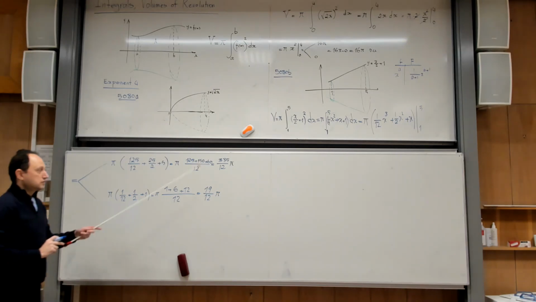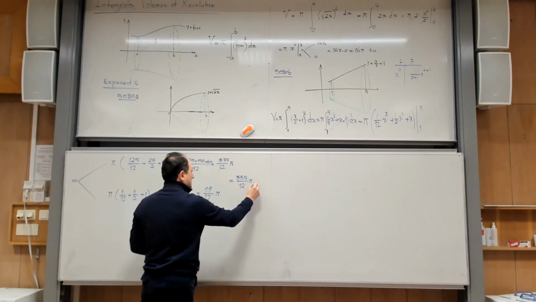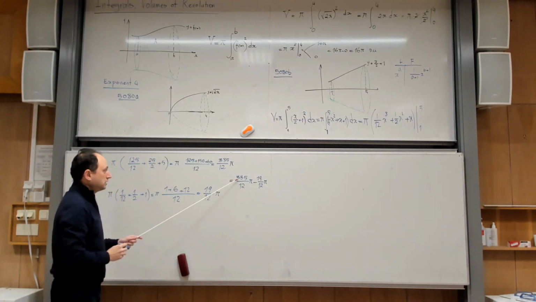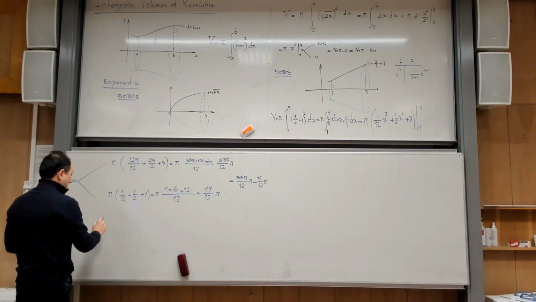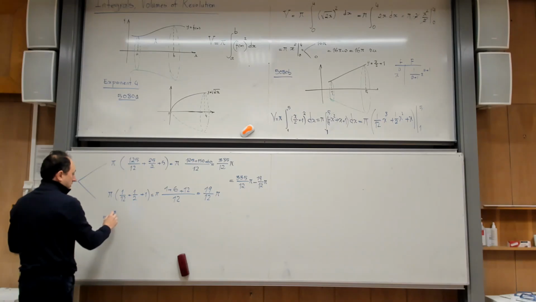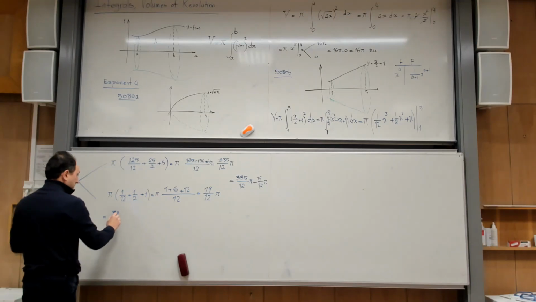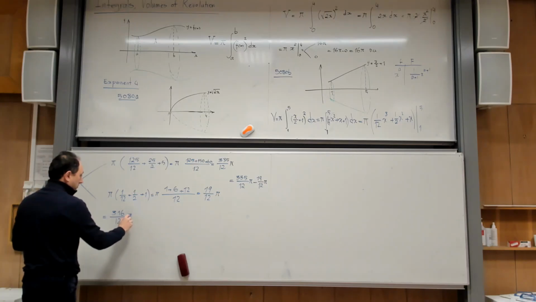Then I go back to the horizontal line and I write the number above minus the number below. 335 minus 19 is how much? 316, and then over 12 pi.